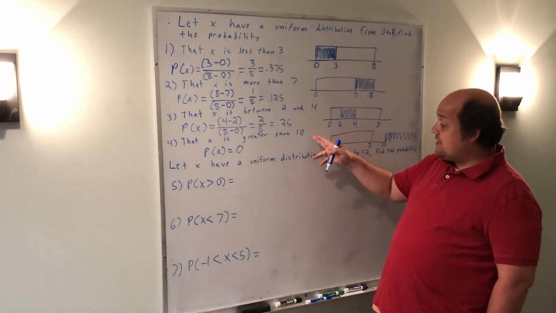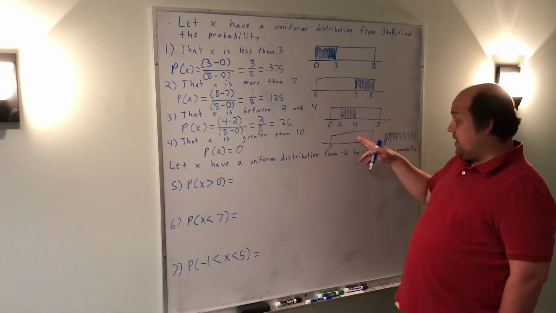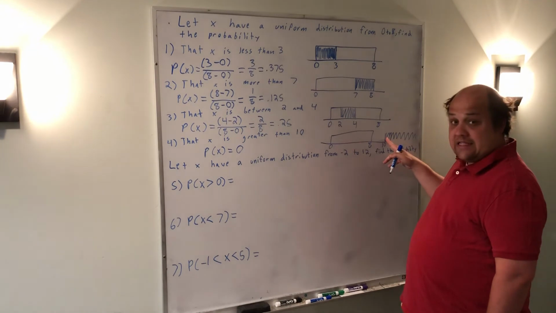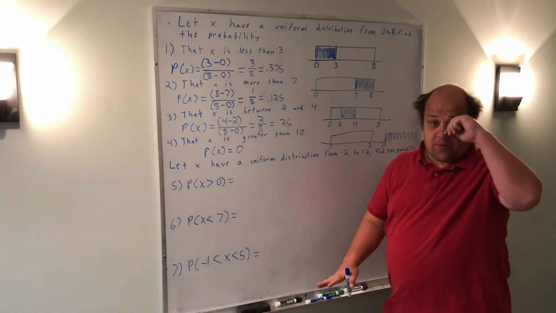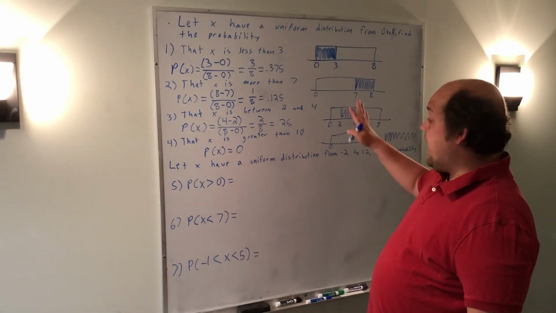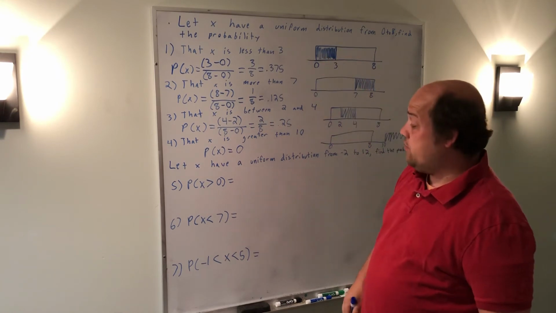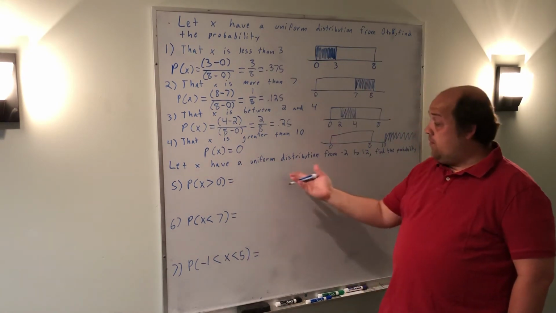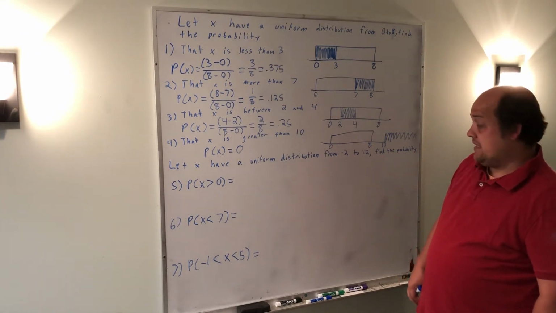But if they say something greater than a number less than the box, that includes everything. If they say something less than a number greater than the box, that would include everything. So for the most part, there's not really going to be that many trick questions. I just want you to understand how things could be asked that are a little trickier than just shading inside what's on the box.